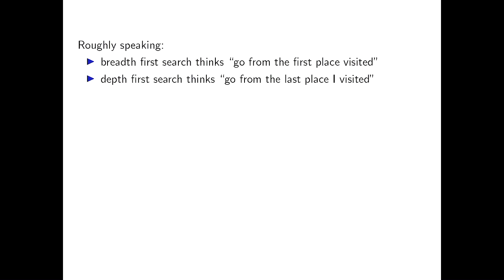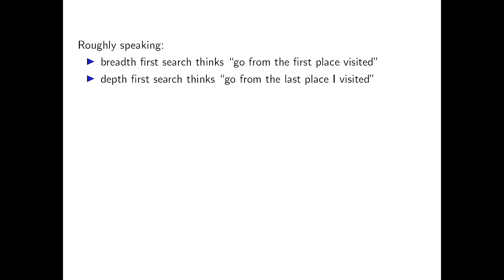Okay, so very roughly speaking, remember, breadth-first search is the very careful person who is taking notes and drawing a careful map and always going out from the first place they visited out of all the places, right? Or the first place they detected. Whereas depth-first search is the person madly charging ahead.